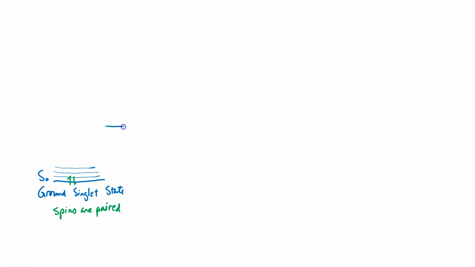So now we're going to hit our molecule with UV radiation. One of these electrons is going to get excited. Let me redraw my ground singlet state. And here is my excited singlet state. Let me label that.